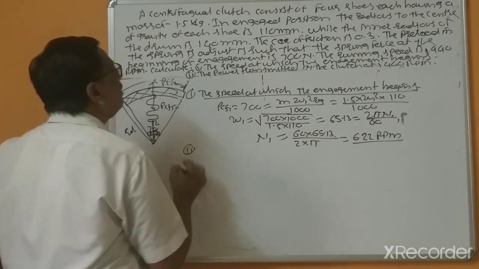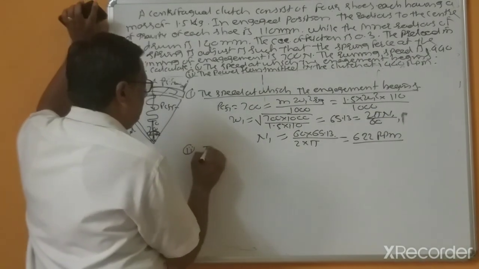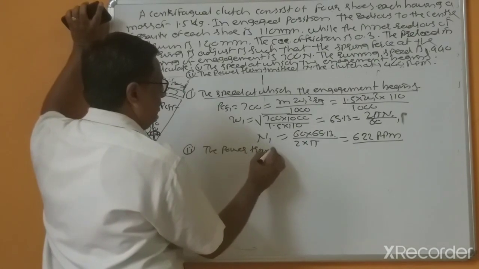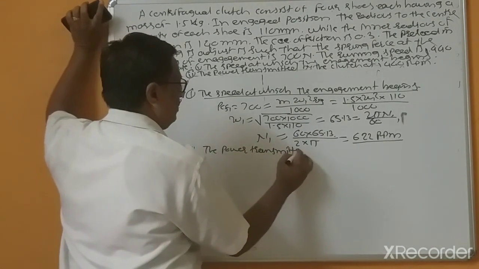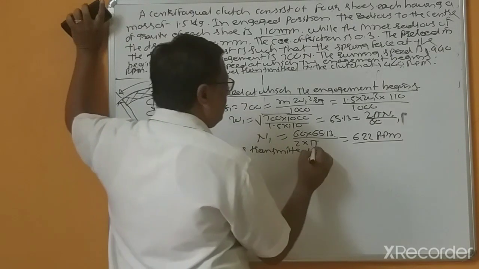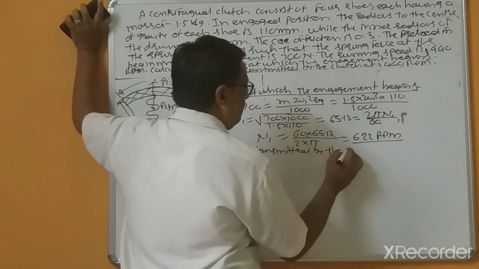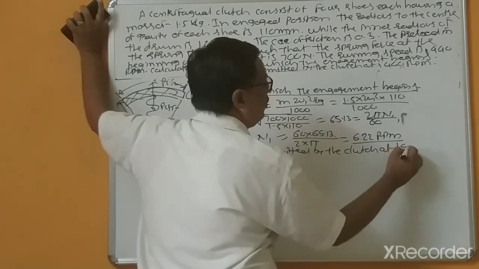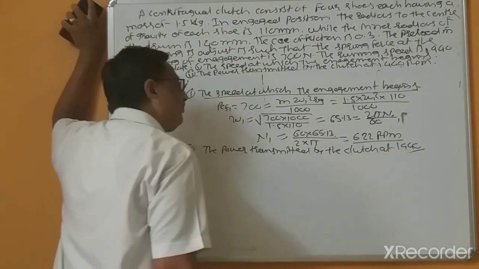Second, the power transmitted by the clutch at 1440 RPM.